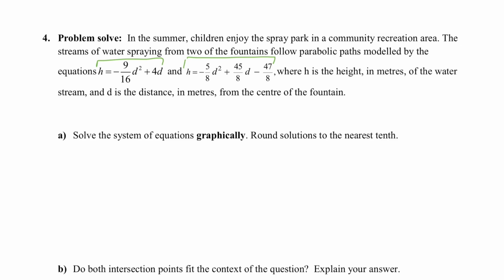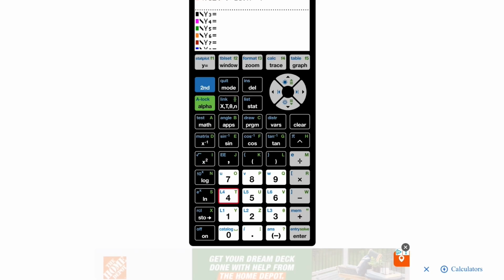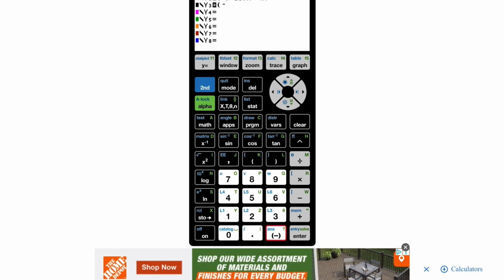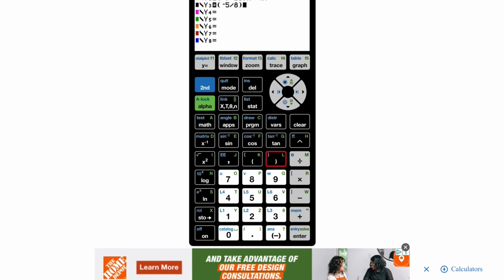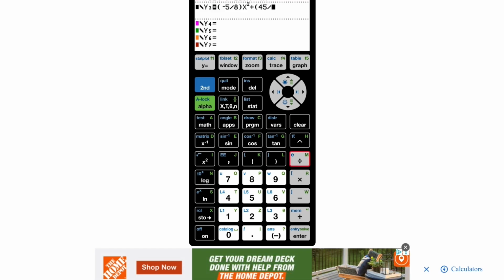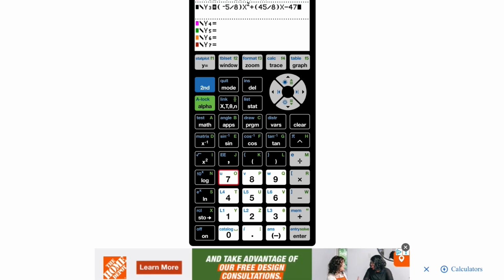Did you guys try it? So negative 9 divided by 16 x squared plus 4x, and then we have negative 5 over 8 x squared plus 45 over 8 x minus 47 over 8.